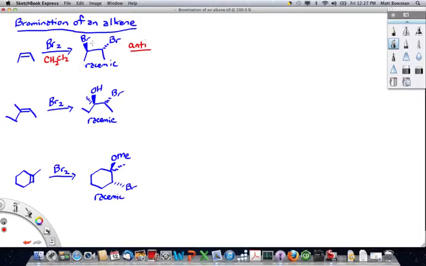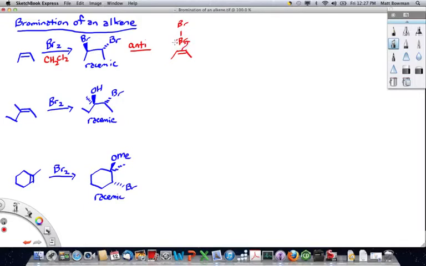Now, with most anti-additions, you go through a three-membered ring intermediate. The way the mechanism works, you have electrons from the pi bond go up to the bromine.